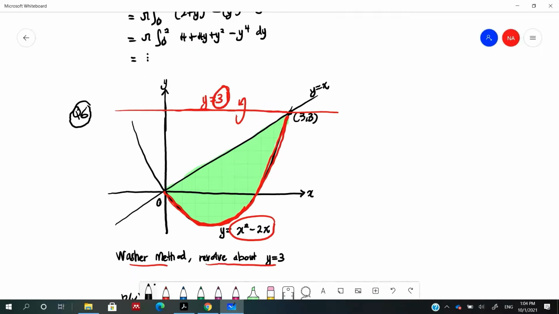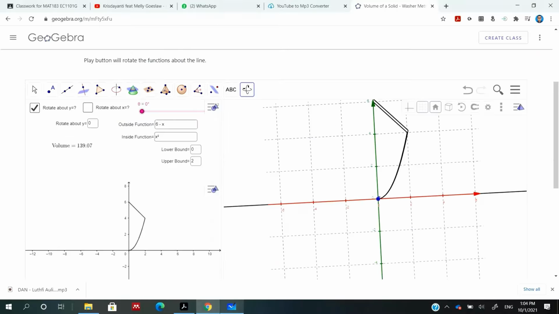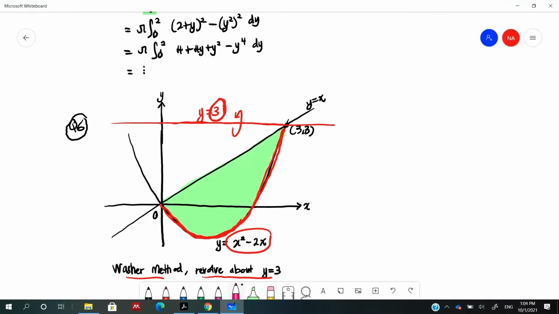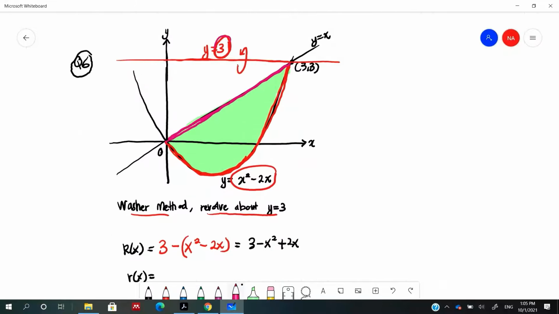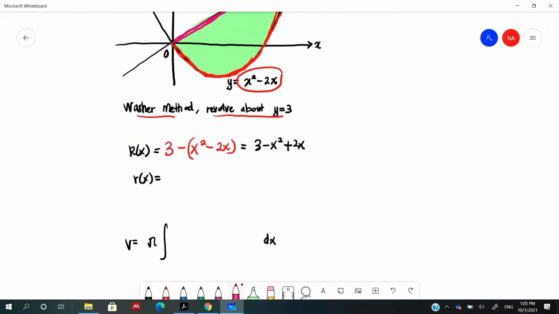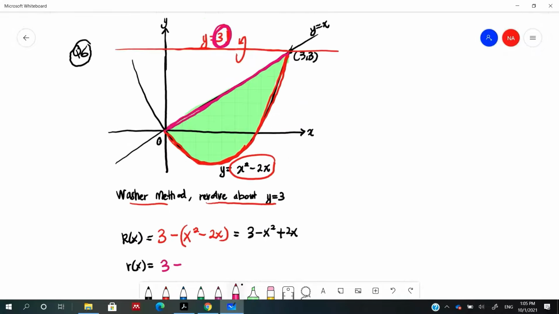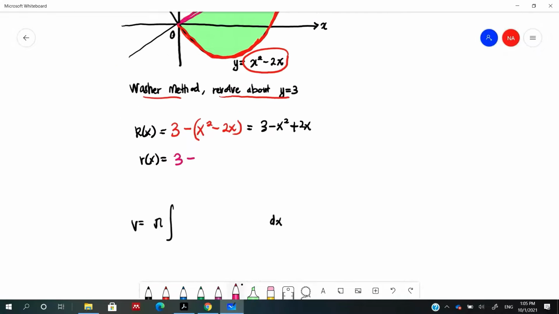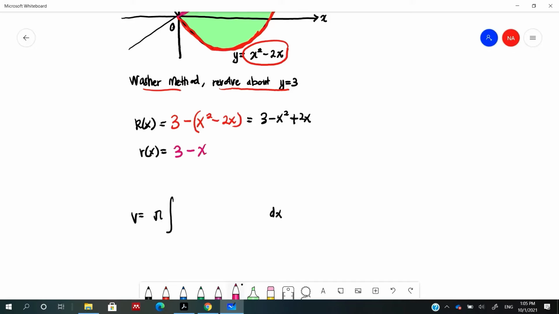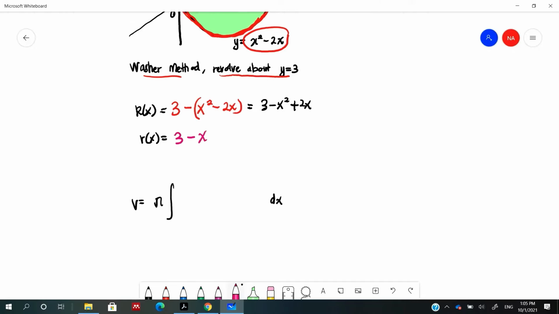For the inner radius, we look at this function here, which is the inner part. So we have the axis of rotation 3 minus the inner part, which is given by x. So 3 minus x is your inner radius.